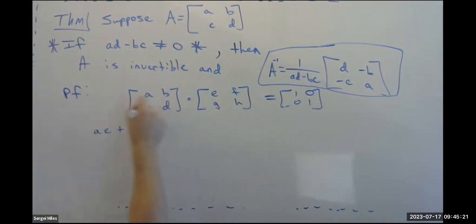Now I'm going to do the same thing with row 2, column 1. Again, I'm trying to focus on column 1 here because I want to isolate E. I want to solve for E. All right, well, row 2, column 1, we have CE plus DG is supposed to equal 0.